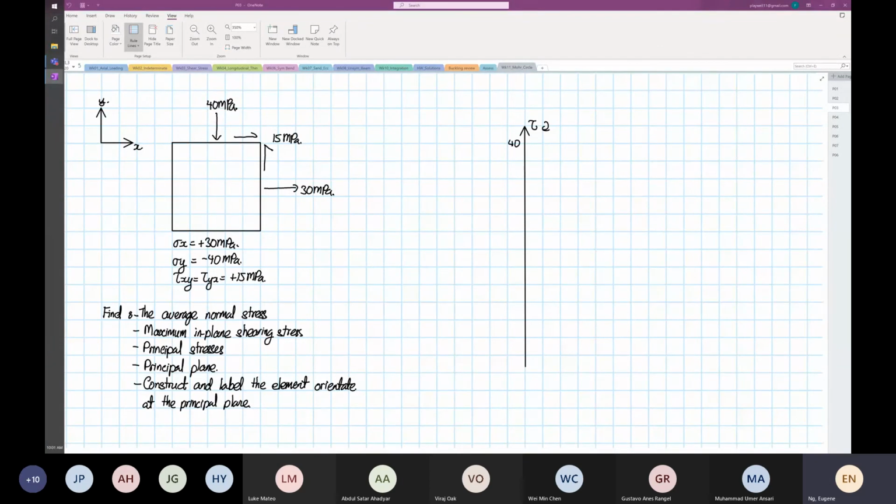So it's 40, 30, 20, 10, 0, then minus 10, minus 20, minus 30, and then we have minus 40. Okay, so that is for our shearing stress. And then down here is the element rotate in an anti-clockwise direction. Okay, then we have our x-axis.